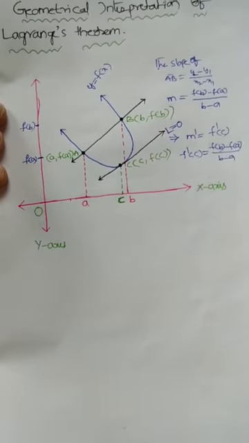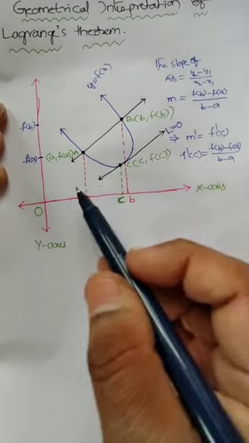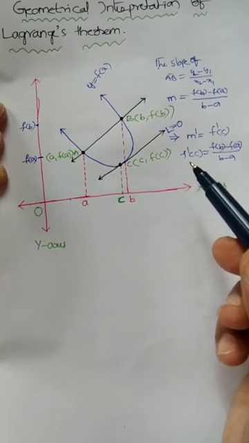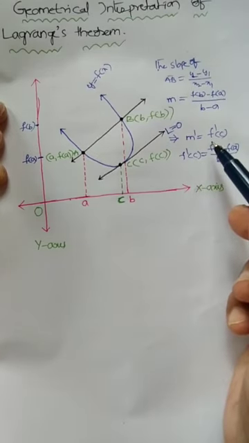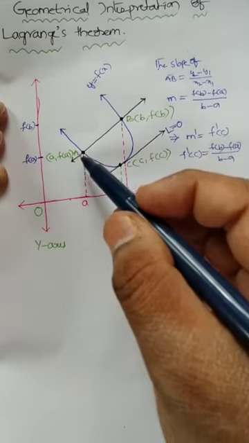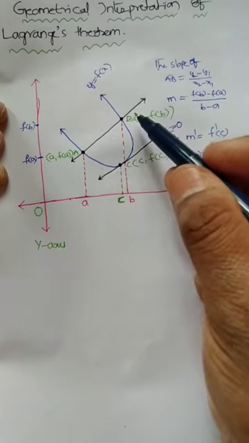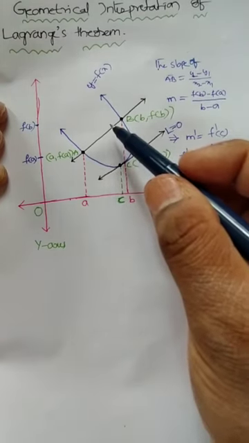In Rolle's theorem, the tangent line is parallel to the x-axis, so the f dash of C value we have taken is 0 there. But in Lagrange's theorem, the tangent line is parallel to the line joining AB bar. So we have to take the slope of the line joining AB bar for the tangent line.